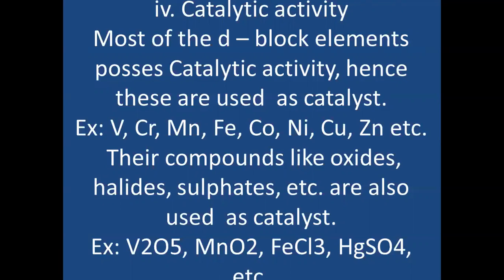Before that, we have a few compounds like oxides, halides, sulfates, etc. of d block elements that are also used as catalysts in different types of reactions. Sometimes they are used in the lab and sometimes they are used in industrial preparation of compounds.